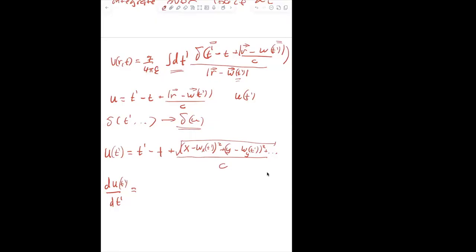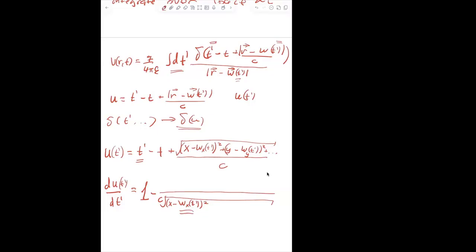Oh, this is the following. If I take the derivative of this, this is 1. The derivative of t with respect to t prime is 0. And then I can do this derivative. So I have a derivative of a square root. I have a c in front. So I have this lovely equation. This is x minus wx(t prime) squared, again defined with the trajectory of the particle.